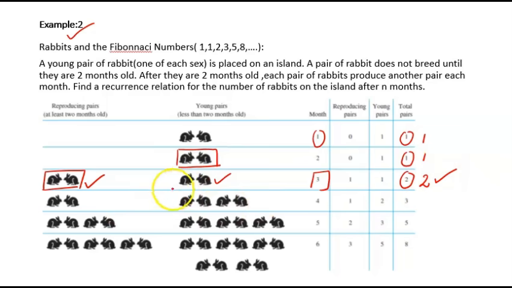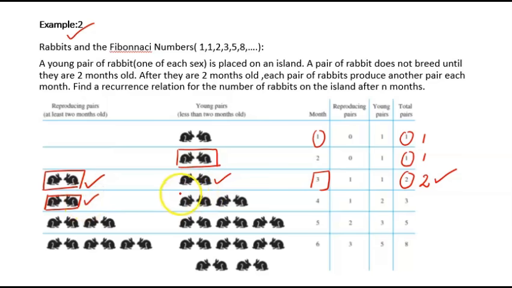Now in the fourth month this young pair will be just 1 month old, right? So it is not going to produce any new pair, but the original pair which is here will again produce 1 pair of rabbits, because they produce 1 pair each month. So this original pair is going to produce 1 more pair.